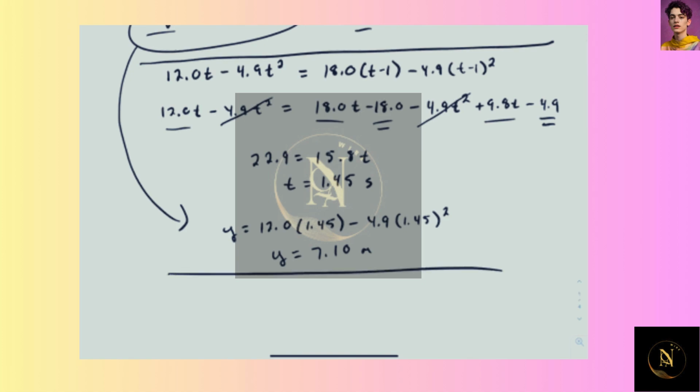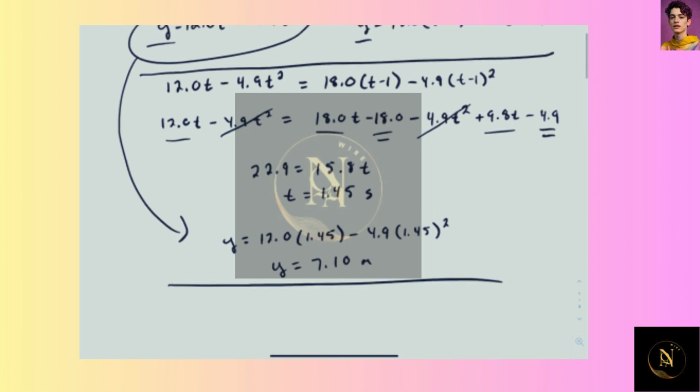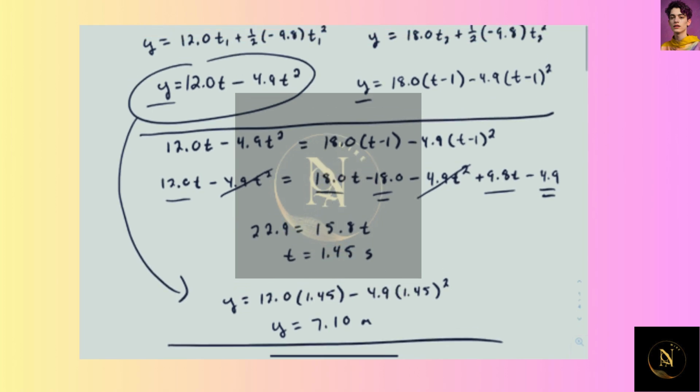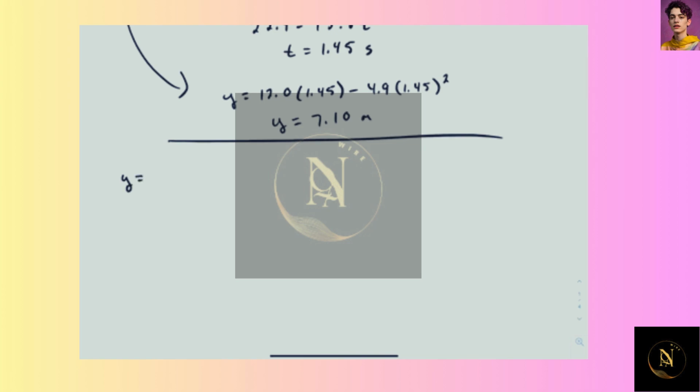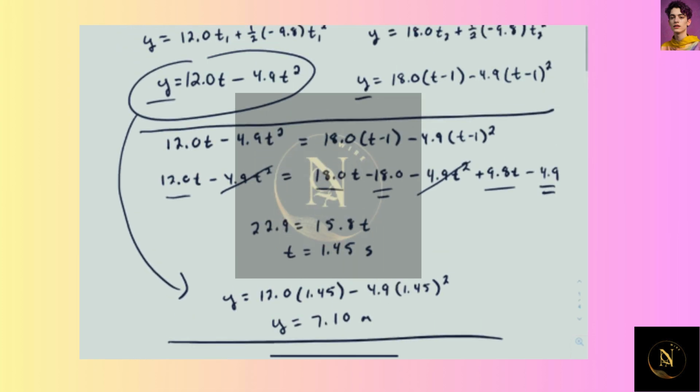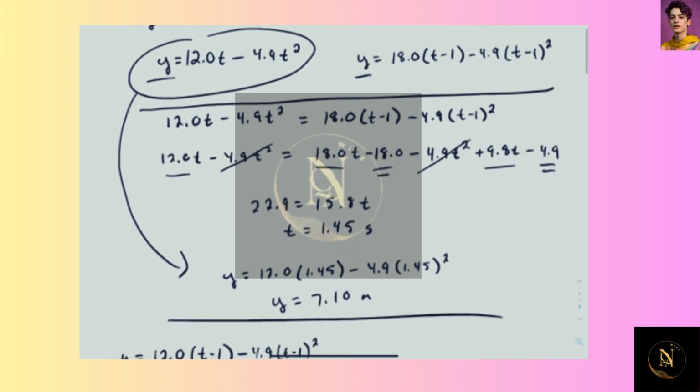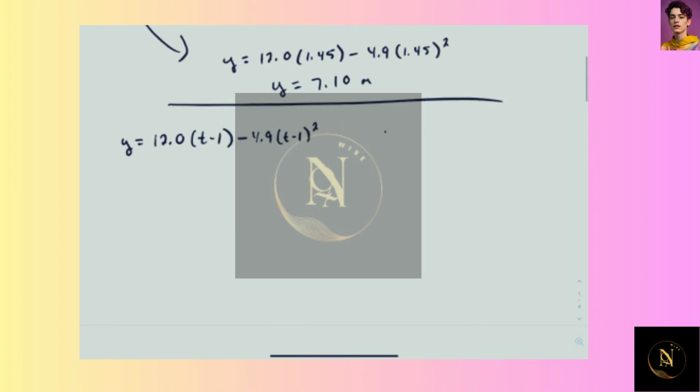So I can say that y for the rock is 12 times t minus 1 minus 4.9 t minus 1 squared. And for the ball, it just becomes t, so y is 18t minus 4.9 t squared.